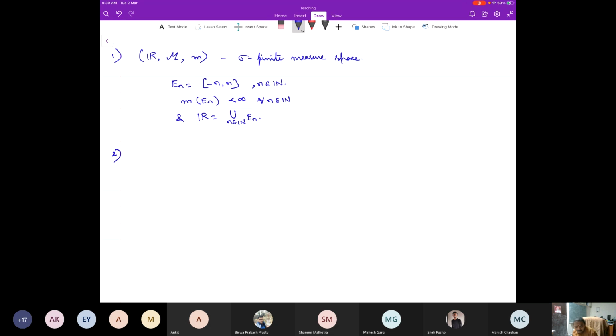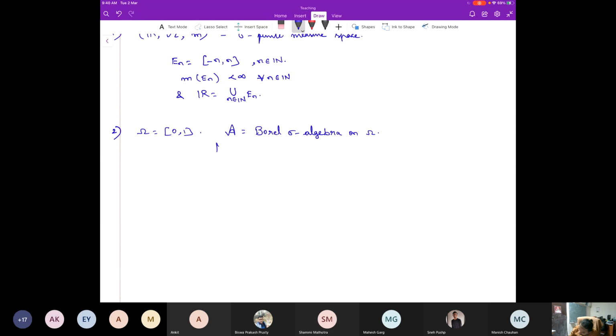Second one, you choose omega to be 0, 1, and A as the Borel sigma algebra. Doesn't matter, you could have chosen even Lebesgue measurable sets restricted to this omega, but take the Borel sigma algebra on omega. So what is the measure?